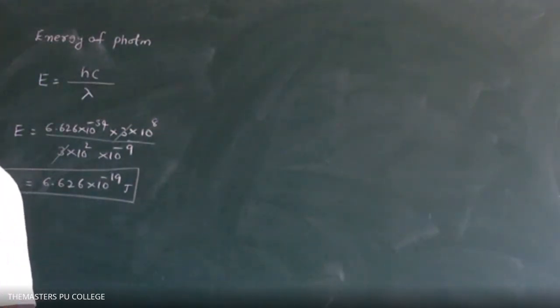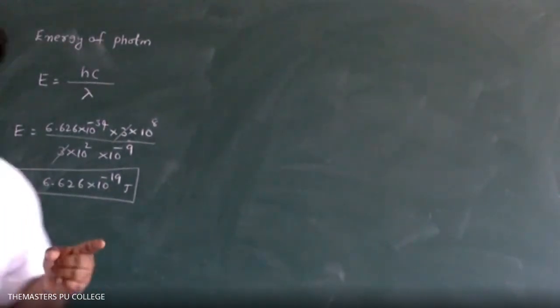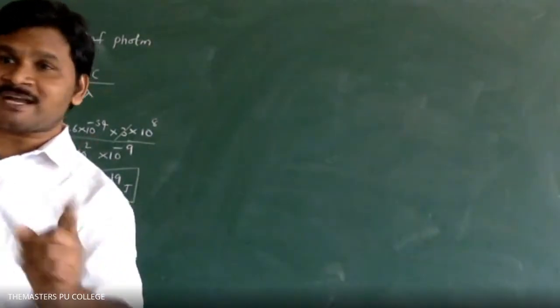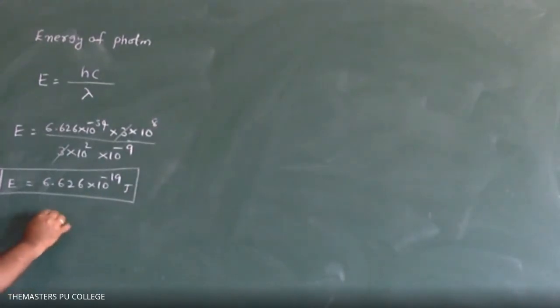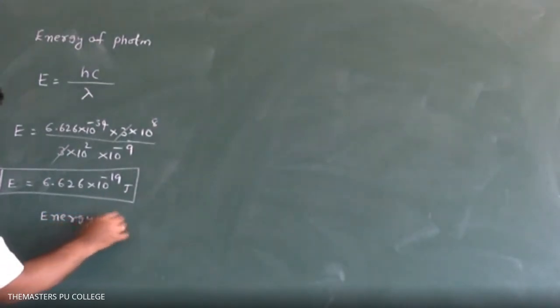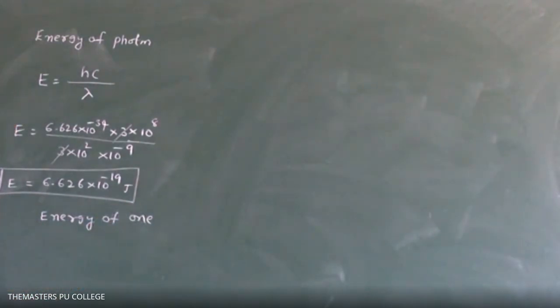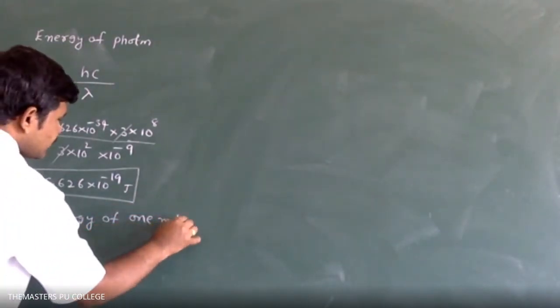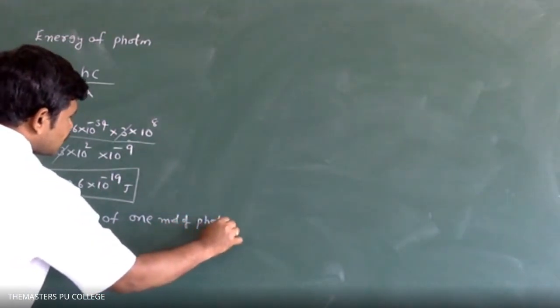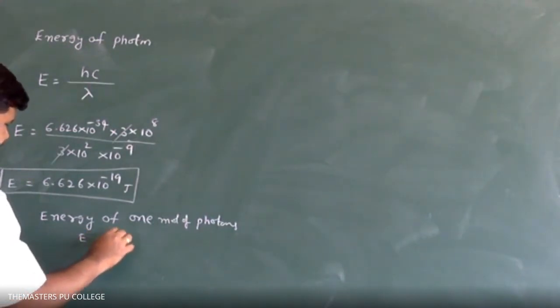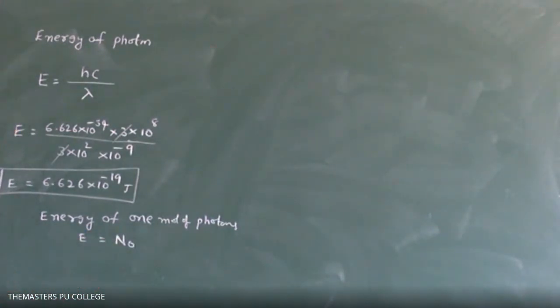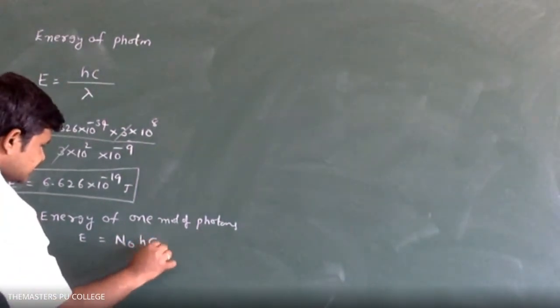Next, energy of 1 mole of photons. Why do we have to take 1 mole? Kinetic energy is given per mole now. So energy of 1 mole of photons is equal to, as I did yesterday, E is equal to N naught h nu, that is N naught hc by lambda.